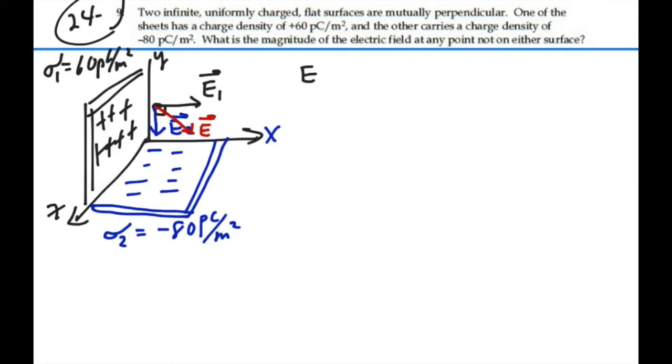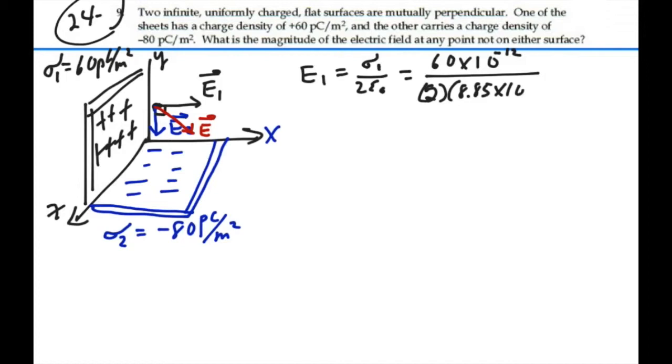Alright, so let's do that. The magnitude of E1 is going to be sigma 1 over 2 epsilon naught. That's going to be 60 picocoulombs, 60 times 10 to the minus 12, over 2 times 8.85 times 10 to the minus 12.